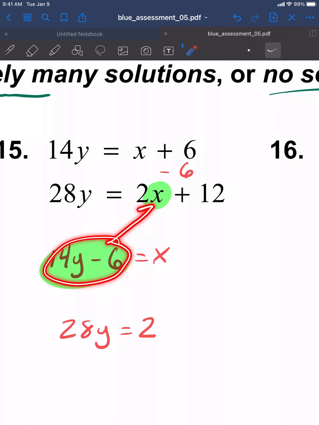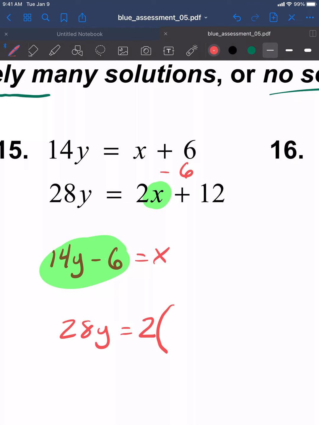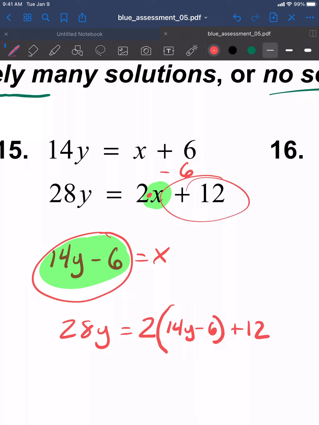I'm putting x in here: 14y minus 6. Isn't it parentheses? Yes, why is it parentheses? Because it's being multiplied. If it's being multiplied, it means I have to multiply that 2 by everything that x is, right? So it's going to be 2 parentheses, 14y minus 6, parentheses. Don't forget the plus 12.